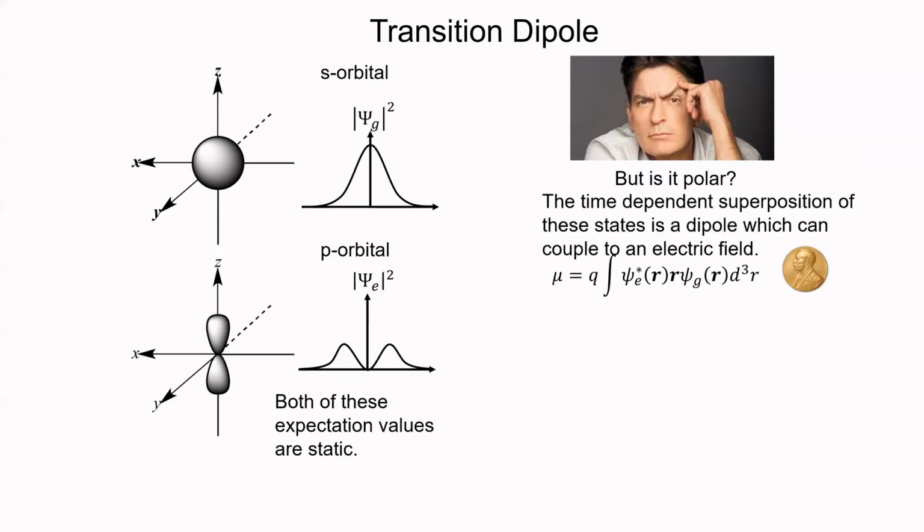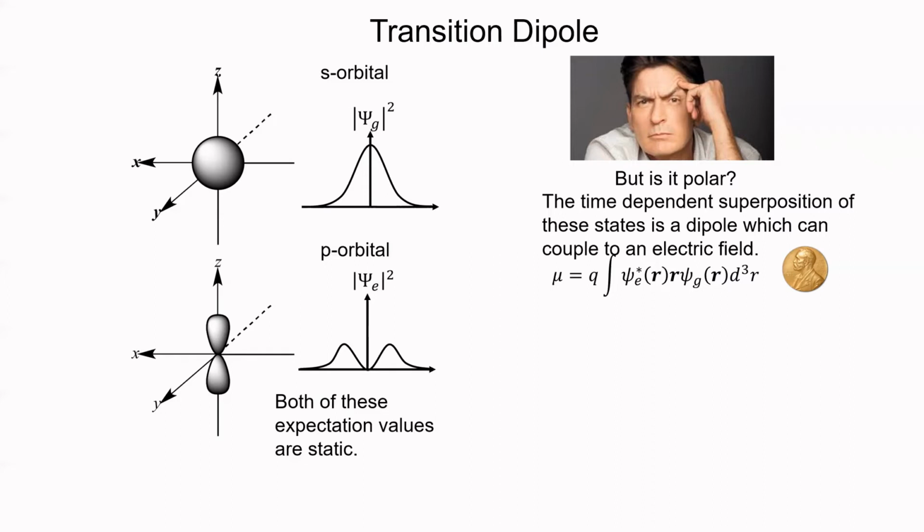But in fact, if you work through it, the time-dependent superposition of these two states, which is what's going to happen as you go through an energy transition, matters. You're going to be in the s orbital state, which might be the lower energy ground state, and you're going to transfer to the p orbital, which means in the process of doing that, you go through some linear superposition of the s and the p orbitals, and then you end up in a state where you're entirely in the p orbital.